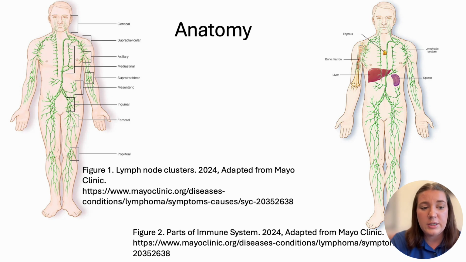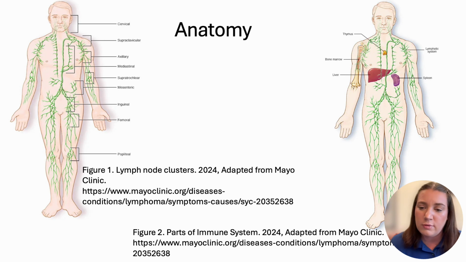So lymphoma begins when healthy cells in the lymphatic system change and grow out of control. And you can see on the right-hand side diagram what makes up the lymphatic system. So your thymus, your bone marrow, your liver, your spleen, your tonsils.